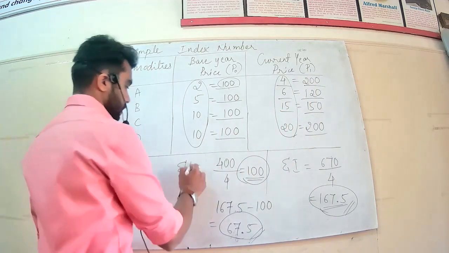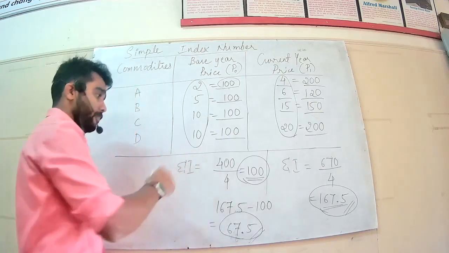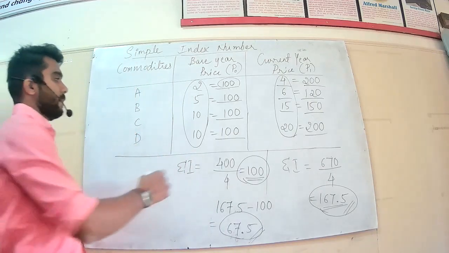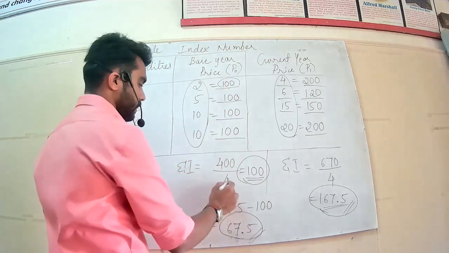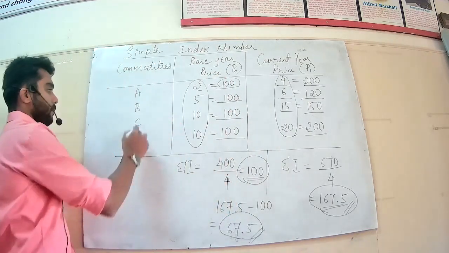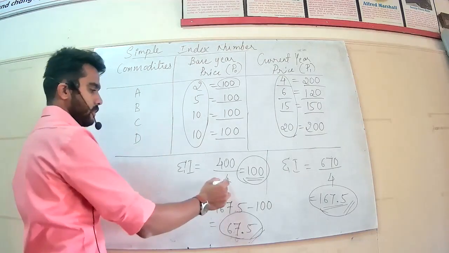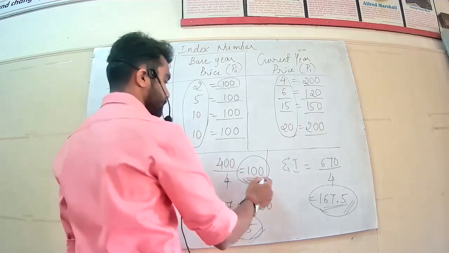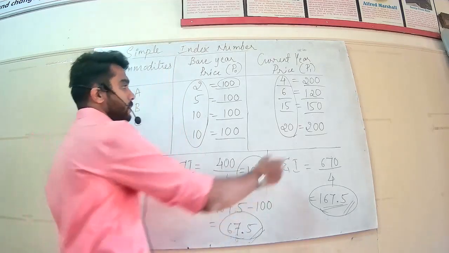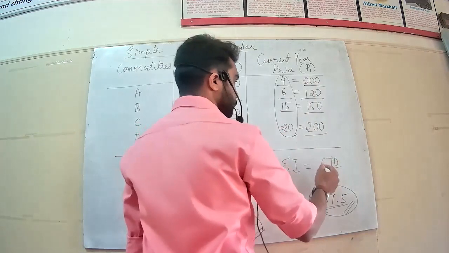For the base year, you get the index number by dividing the total value of index numbers of all the commodities by the total number of commodities, that is 4. So 400 divided by 4 is equal to 100. That is the base year index number. For the current year, you have to do the same.